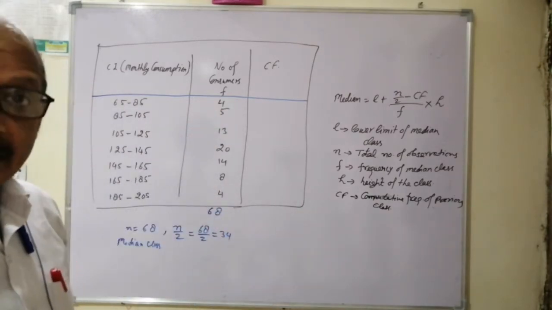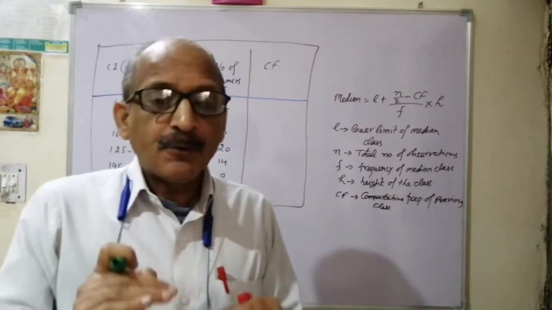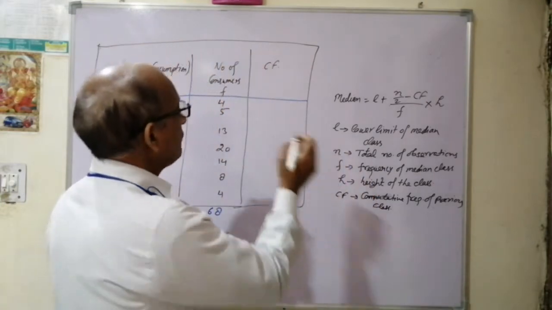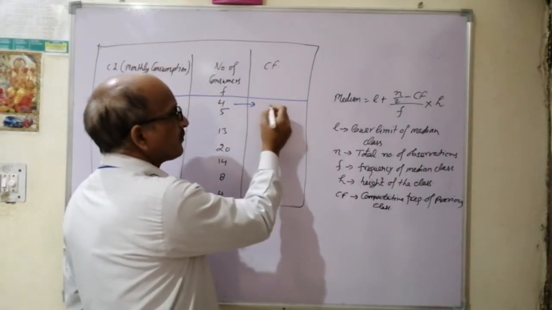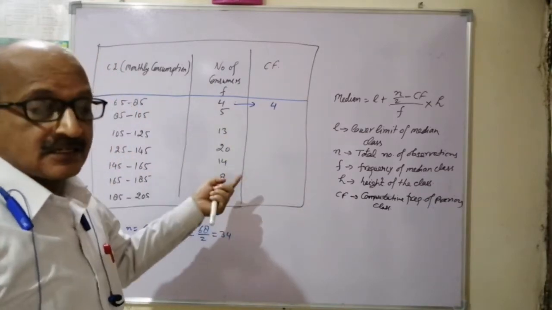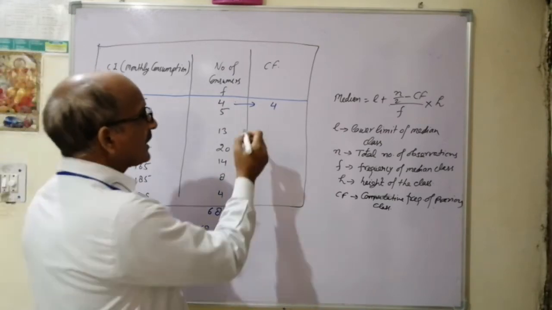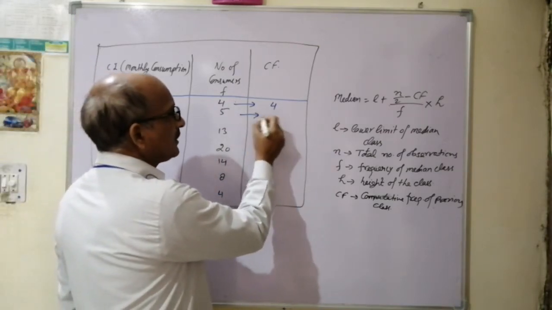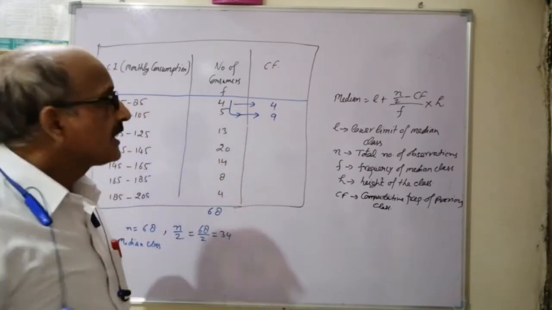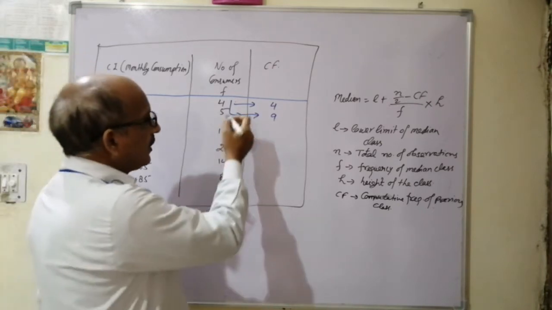Now how to calculate CF? CF means the sum of the frequencies up to here. For the first class, CF is 4 only, because before it there is no class with any frequency. When we come to 5, we add both frequencies, so 9.